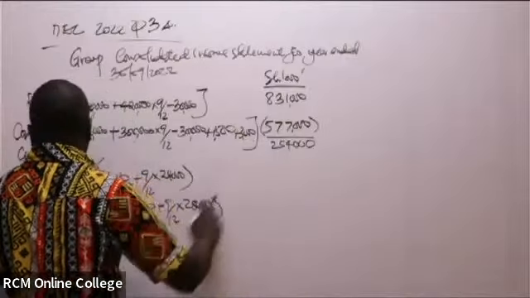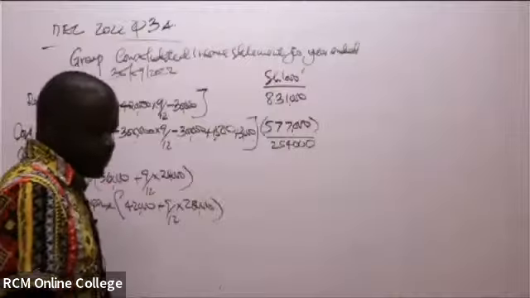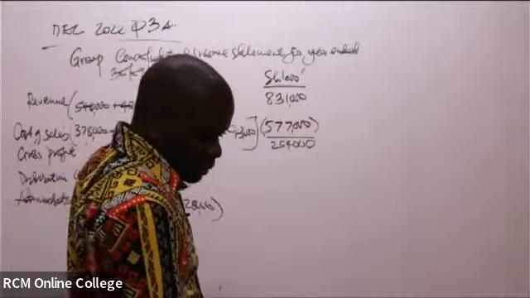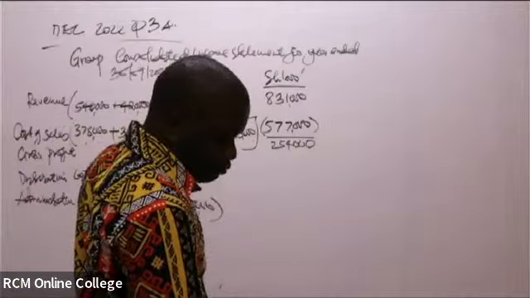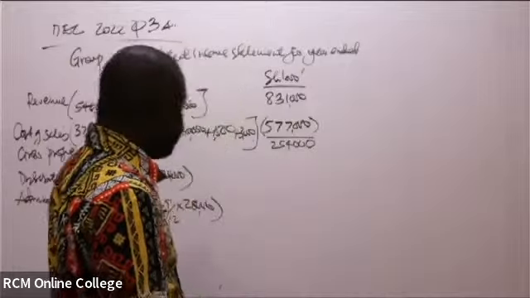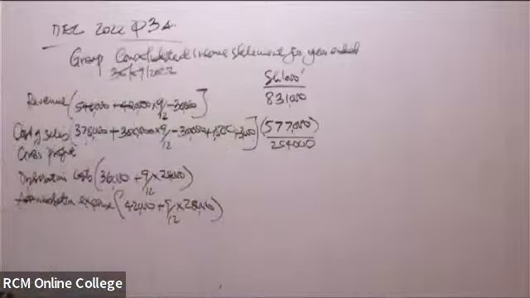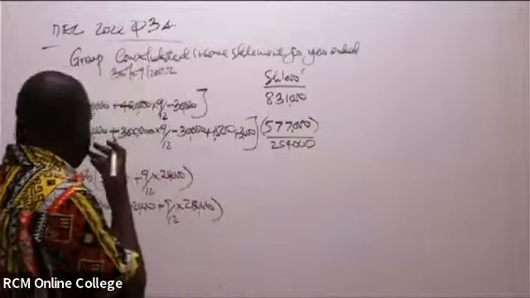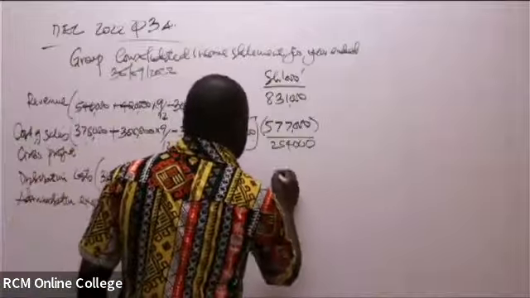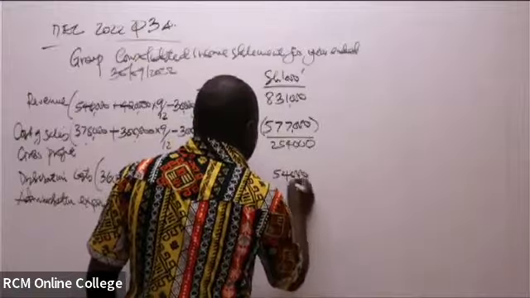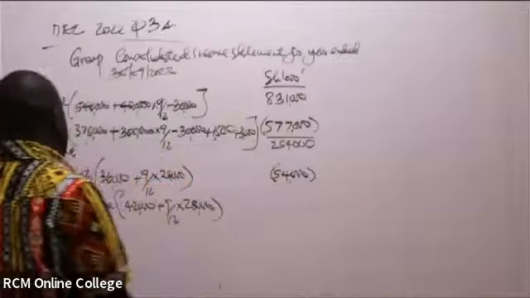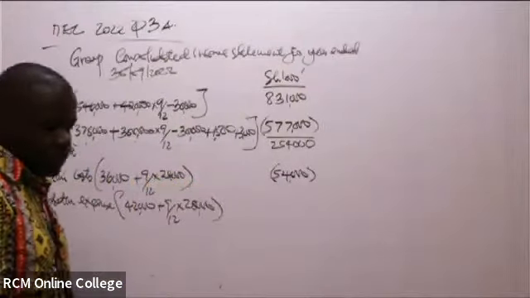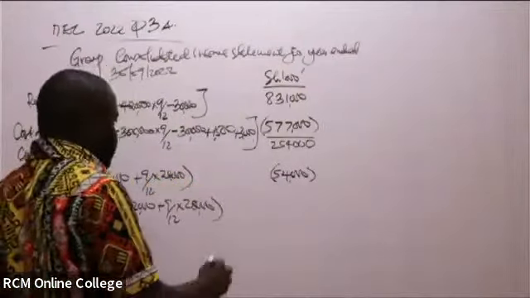So what do you get as the value of the distribution costs? I can see you're saying 54. Yes, 54. What about admin expenses? I think it's 63.